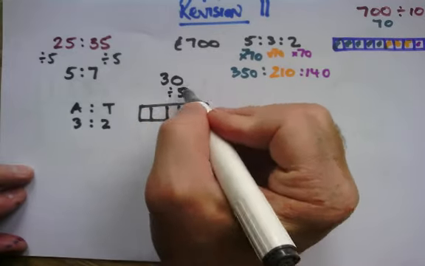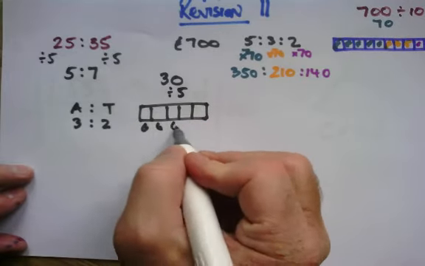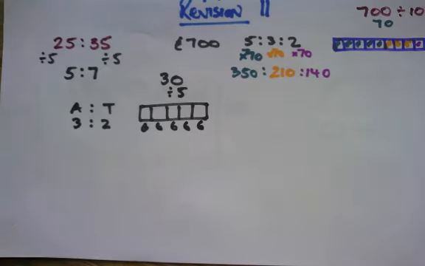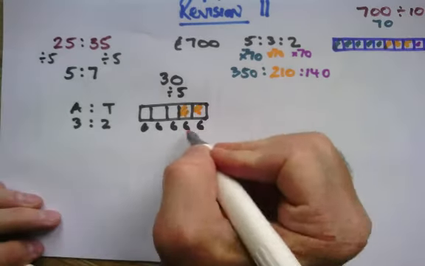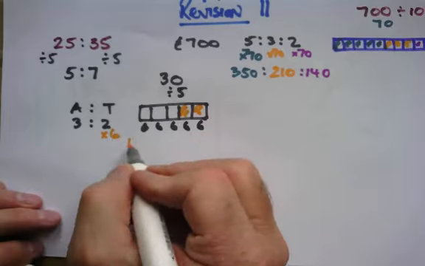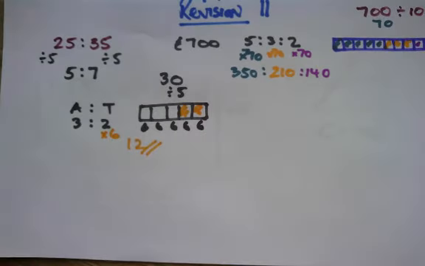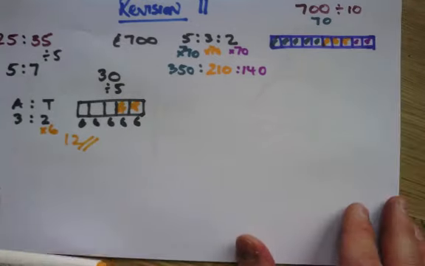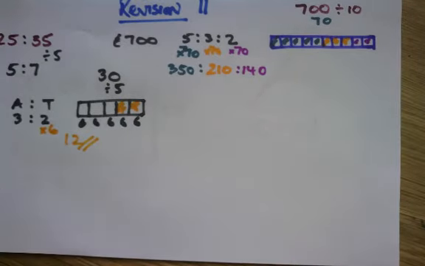So you can see I can divide that by 5, so then I get 6 in each. And I'm just caring about Thomas here. Thomas just gets those ones. So Thomas gets 2 lots of 6, 12 sweets. It's a really, really nice method, this.